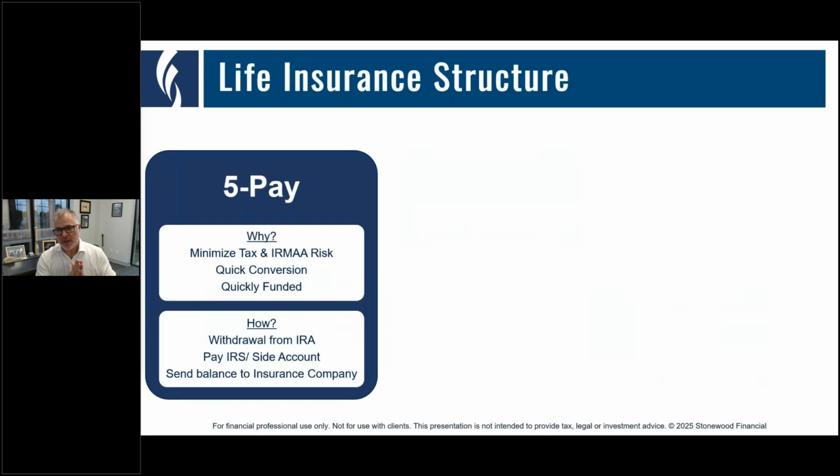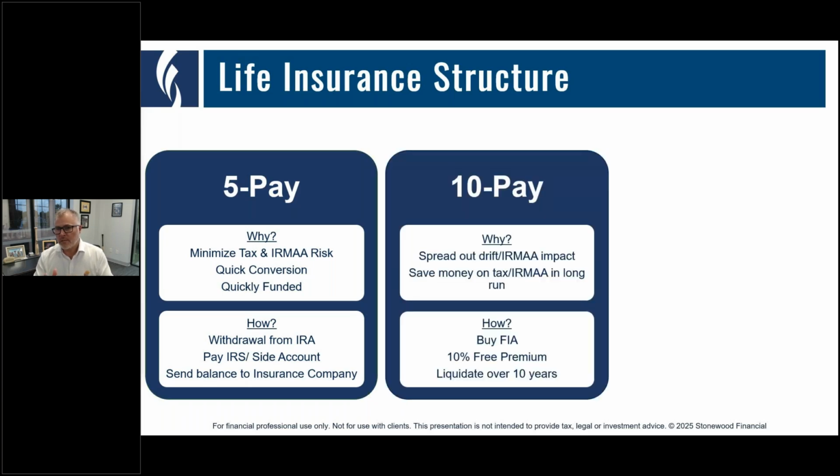And so a 5-pay can be, and we've been talking about 5-pays since we started looking at IRA money, and fully support, and we've got a way to show you exactly how to execute the 5-pay plan. Now, as we started talking about transferring IRA money to a life insurance contract, some of our members came to us and said, well, you know what? I like to spread it out over 10 years and do more of a 10-pay. Why?